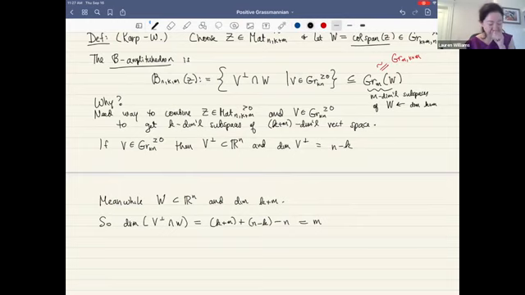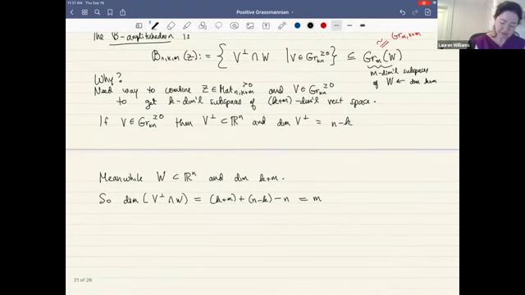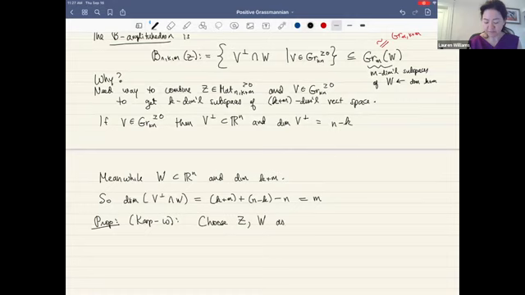But now I want to further justify this definition by pointing out that it's homeomorphic to the original definition. So let's choose Z and W as above.